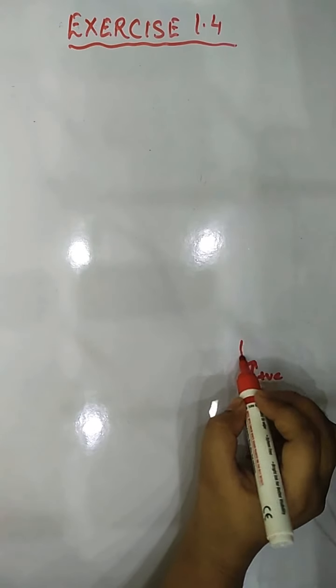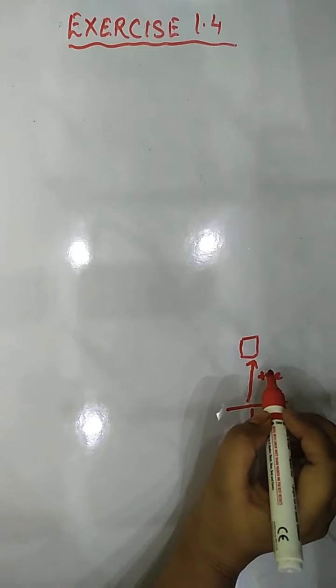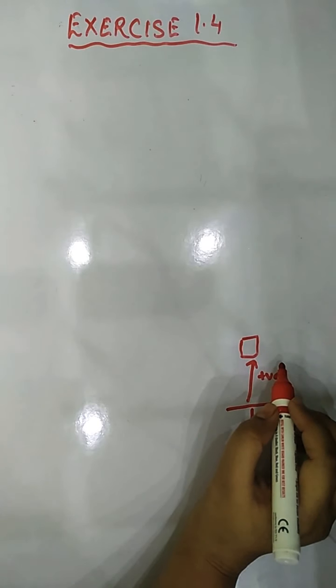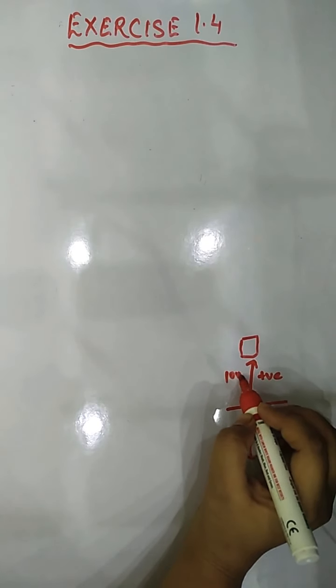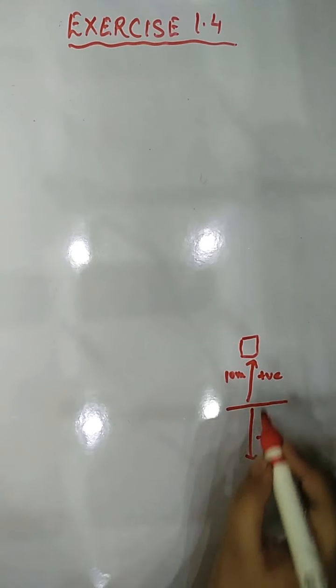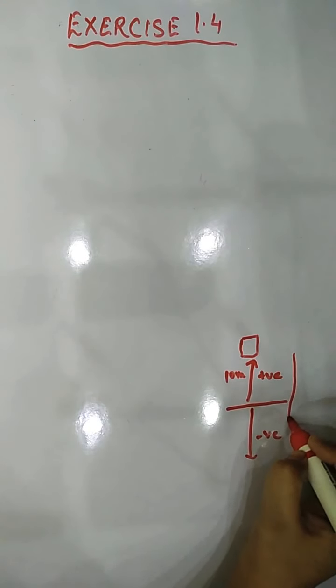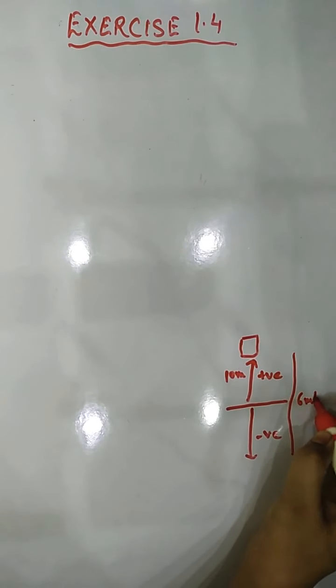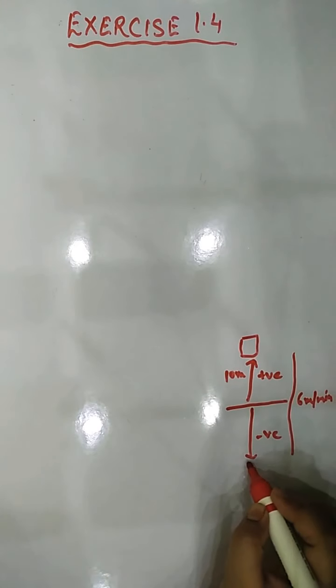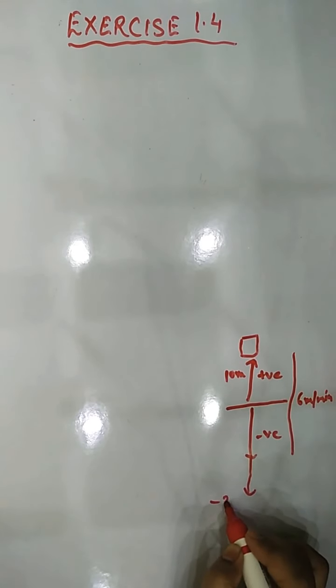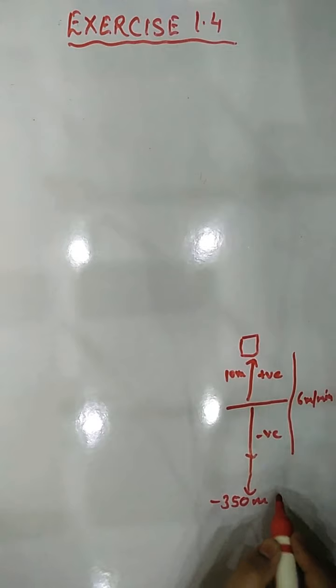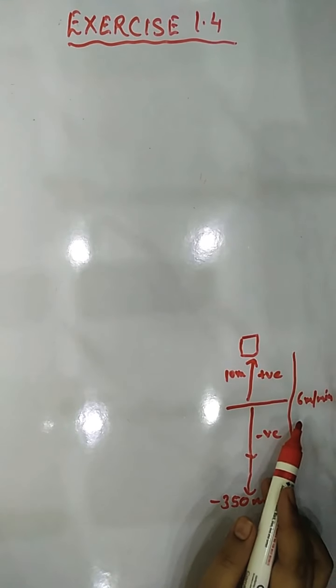So the lift was here, at 10 meter above the ground, and it is moving with the speed of 6 meter per minute and reaches minus 350 meter.